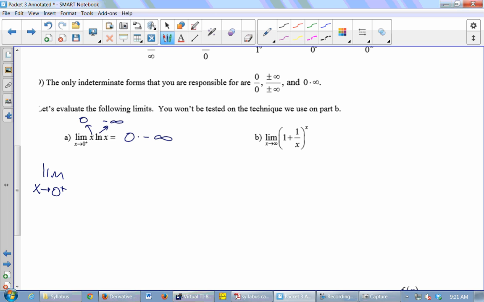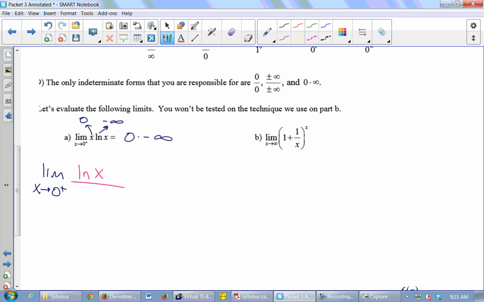I already have an infinity, right? So I leave my ln x in the numerator, and I'm going to move my x to the denominator, right?